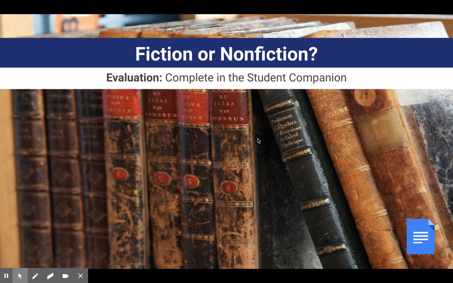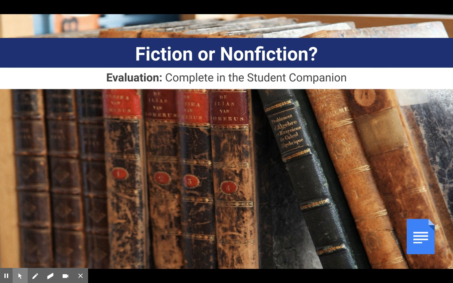So, your evaluation activity for today is entitled Fiction or Nonfiction. So, I'm going to give you guys about 5 minutes. We're going to pause the video here for you to read the scenario about the librarian in your student companion and answer the question that says, based on the information from these patrons, estimate the probability that the next patron will check out a fiction book.